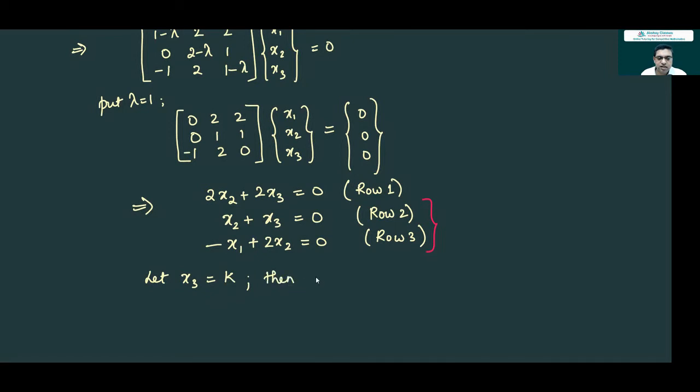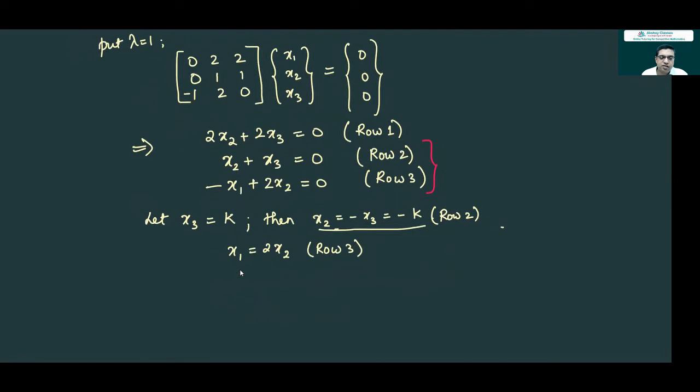Then x2 will be minus x3 is equal to minus k, and x1 is equal to 2x2 from the third row. Correct? This is from the second row equation. This is second row. And this expression is third row. All right. So x1 is equal to minus 2k if x3 is equal to k.